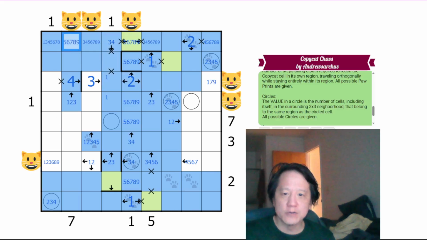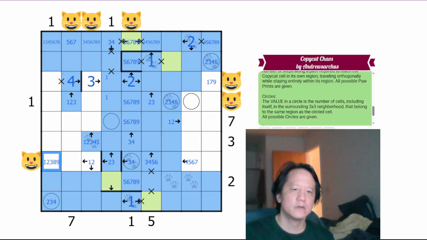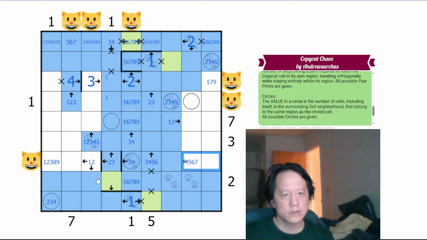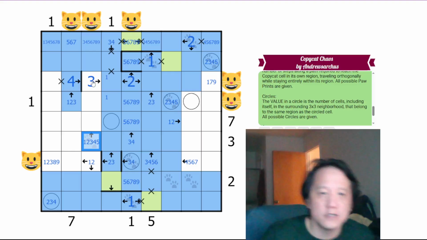This can't be 8 or 9 for the Copycat, so the value is 5, 6, or 7. Cannot be 6 anymore. Could be 8 or 9 for the Copycat value. No 6 here.